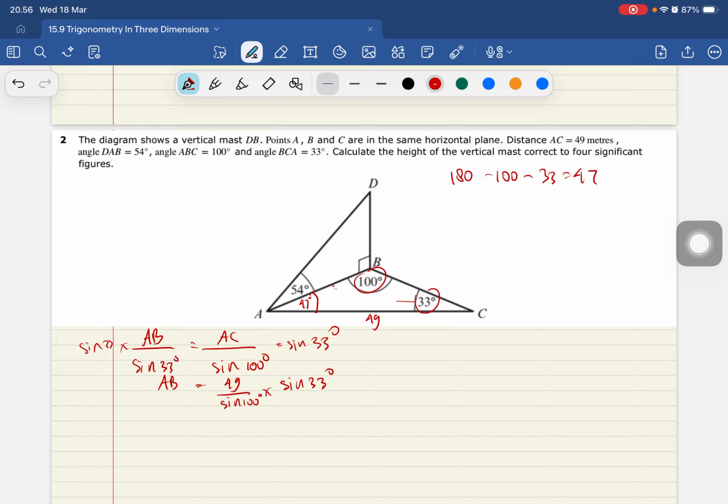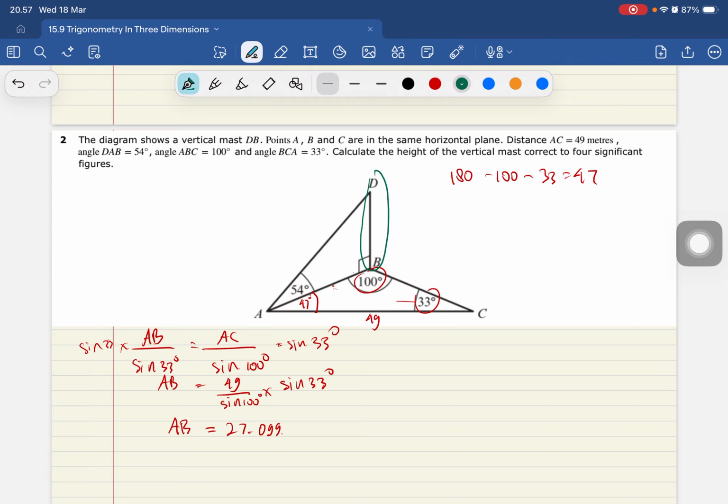You can use a calculator, so you will get the value of AB, which is equal to 27.099.